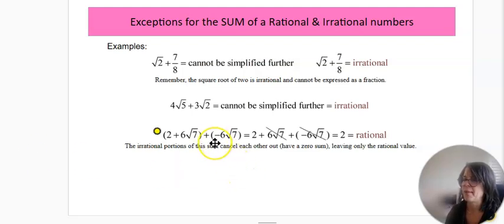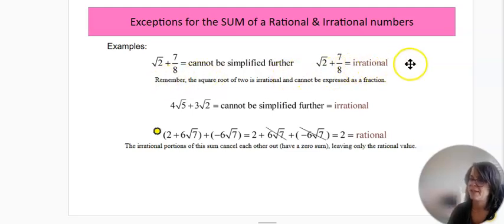So here's some examples of the sum of rational and irrational numbers. Square root of 2 is irrational, 7/8 is rational. We can't simplify it anymore. It is irrational. All right. In this one, 4 square root 5 plus 3 square root 2, both of those are irrational, and the sum is also irrational.